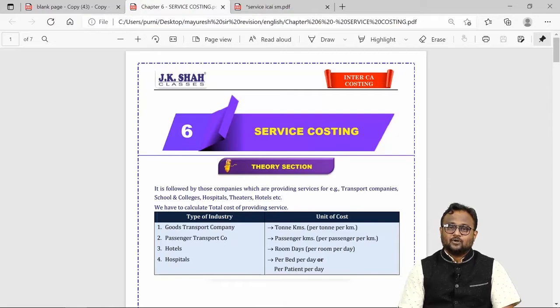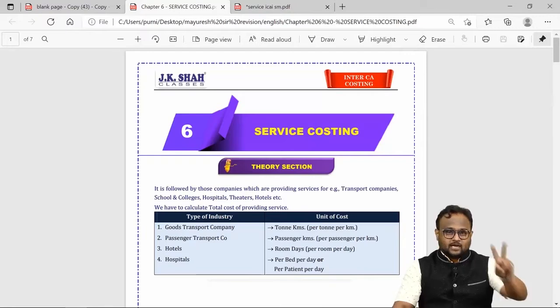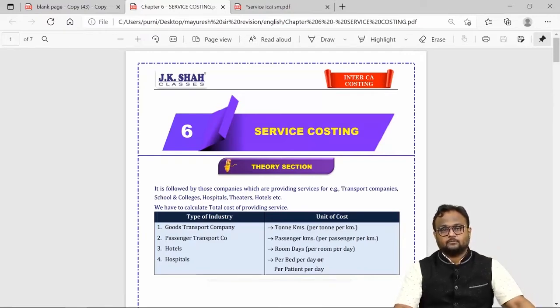So in this topic, we are going to see how cost per ton kilometer and how cost per room day will be calculated. Yes, friends, that is the only different point in the service sector, which differentiates service costing from product costing. There can be two composite variables.